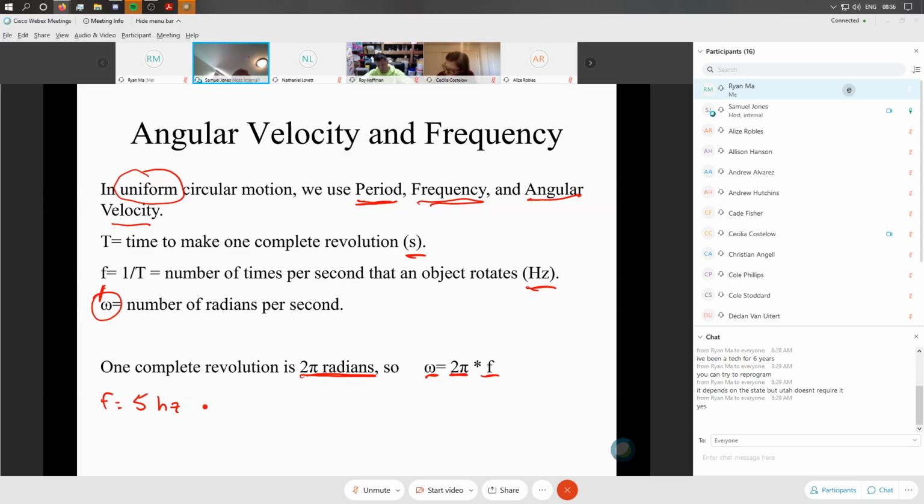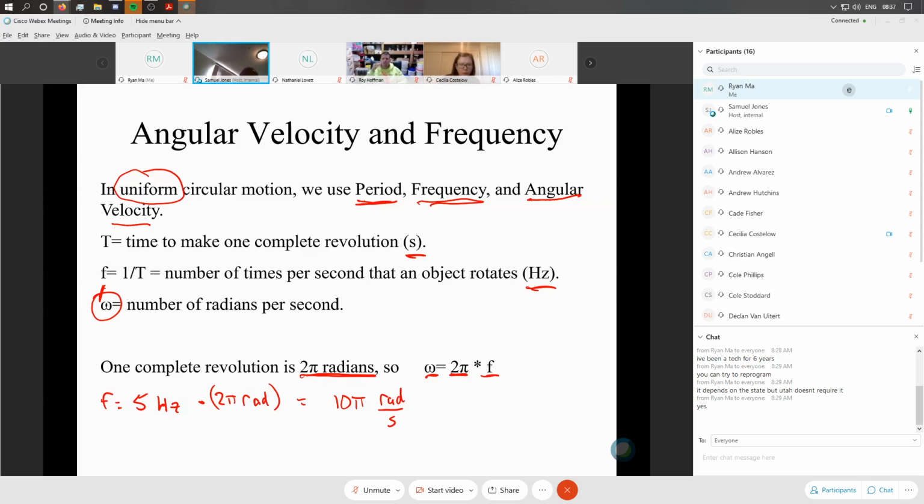Each rotation is equal to 2 pi radians. So I could multiply that by 2 pi radians. That converts rotations into radians. And that would be equal to 10 pi radians. And in this case, I would take my hertz and I would convert that into 1/seconds, and I would say something like this. So you all see how that conversion works, right?